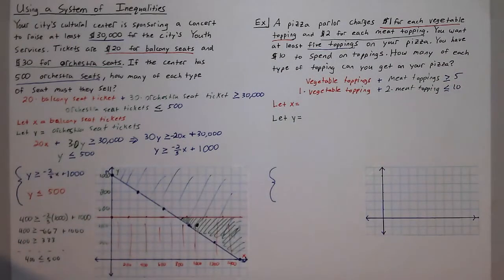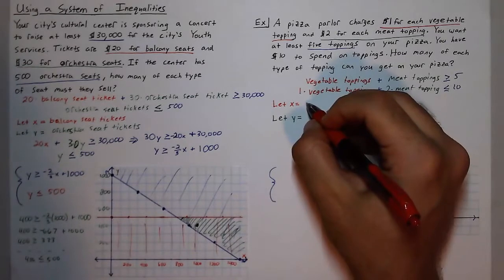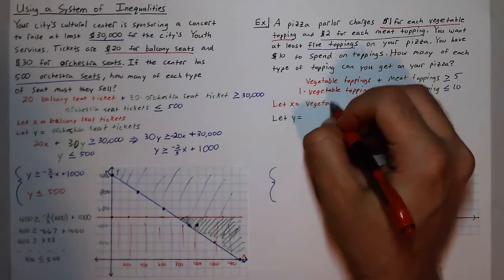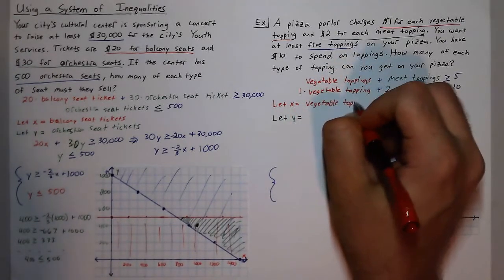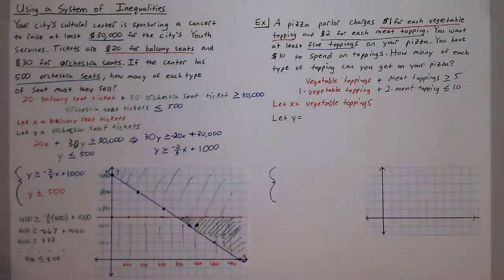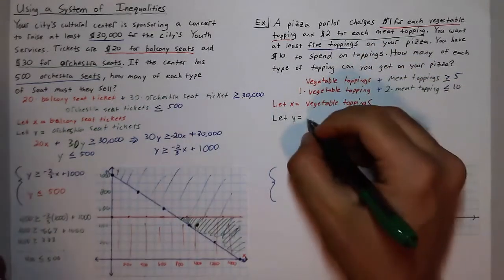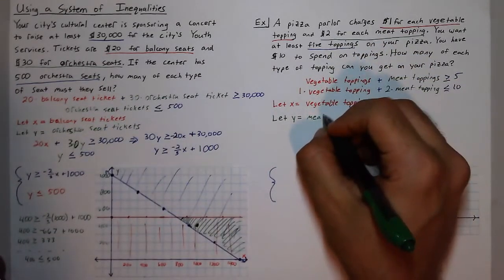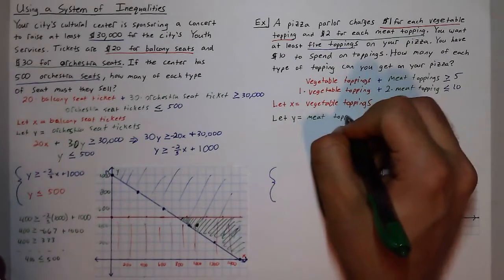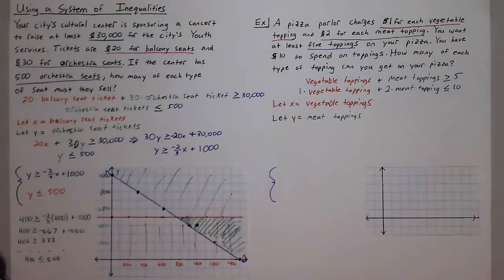So if I let x equal the number of vegetable toppings and y equal the number of meat toppings, I end up with these two inequalities.